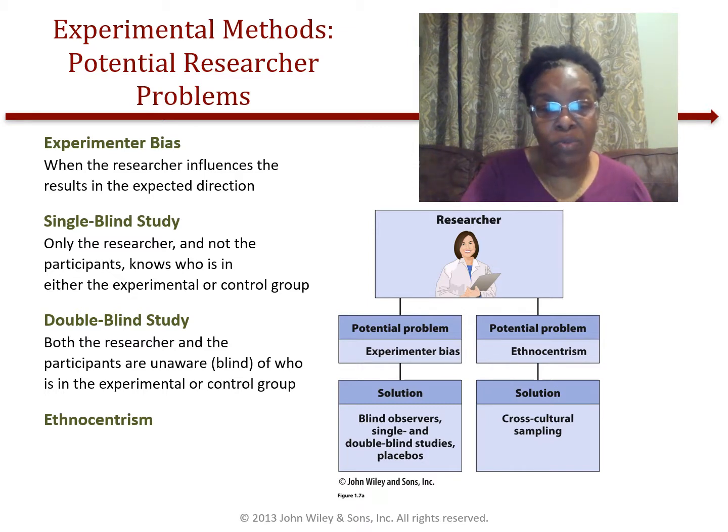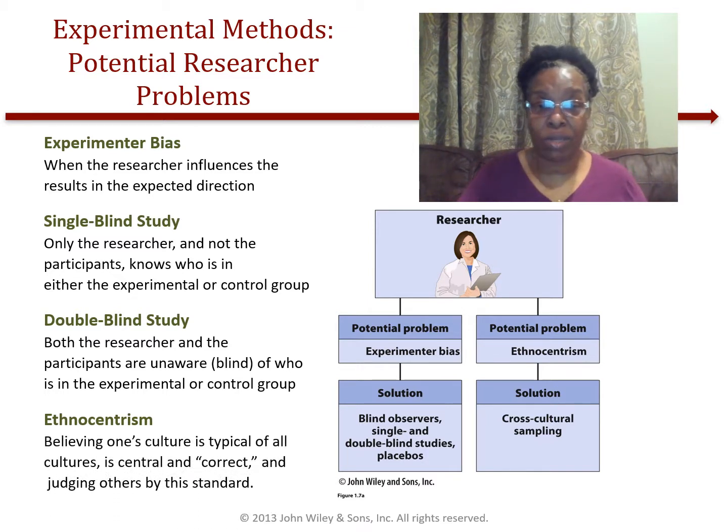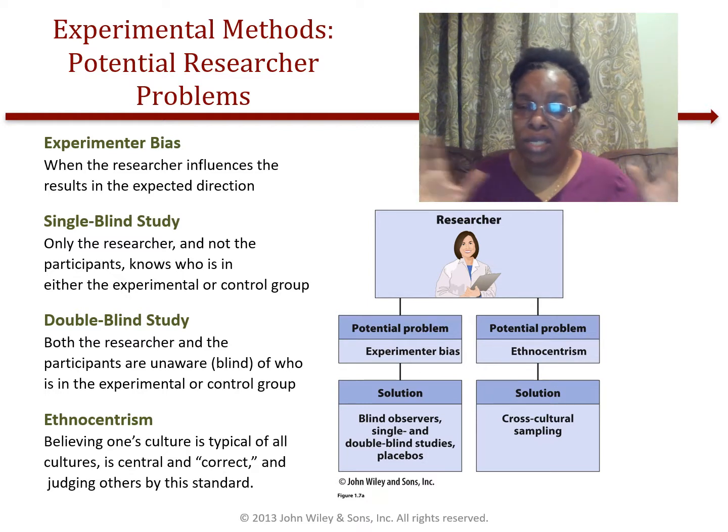Now, ethnocentrism is when an individual believes their culture is better than all others, okay? One way to help correct that is to do more cross-cultural studies, in which we compare one culture to another to see how relationships would happen.